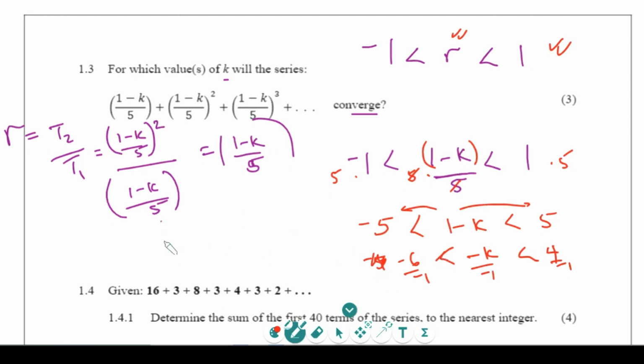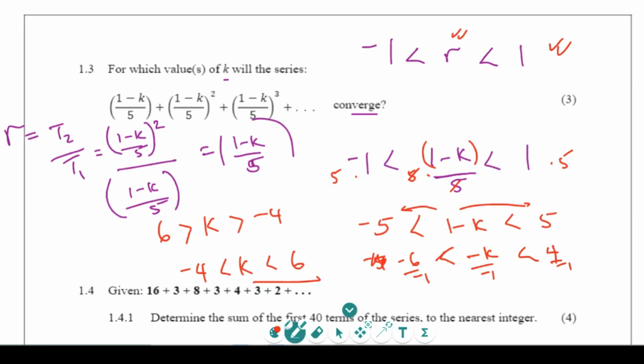So that is 6 is less than k, then is less than -4, which you can suitably write as -4 is less than k and is less than 6. So that will be the condition for which that series is gonna converge.